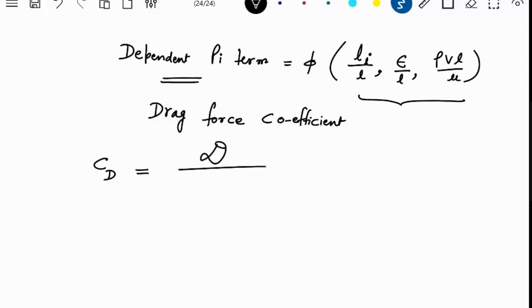So CD is the drag force coefficient, and I will divide the drag force by half rho V squared L squared. The factor half is arbitrarily taken, and you will find this half everywhere in fluid dynamics. Now L squared is basically some representation of area.